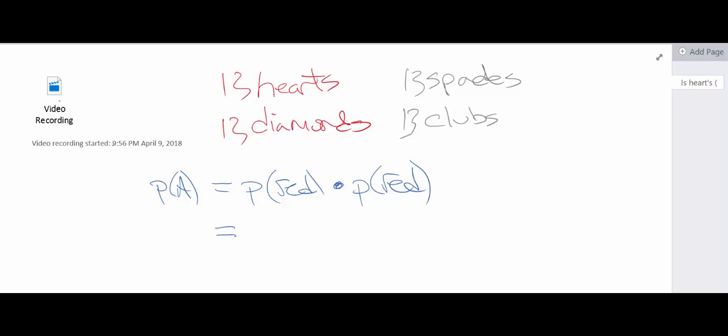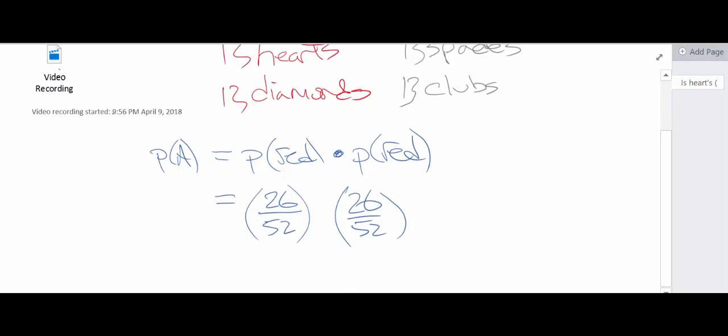Well, there's 26 hearts and diamonds, so that's 26 out of 52 that you're going to get a red card with your first card drawn, and it's going to be the same 26 out of 52 when you draw the second card. It means you multiply those two probabilities together.